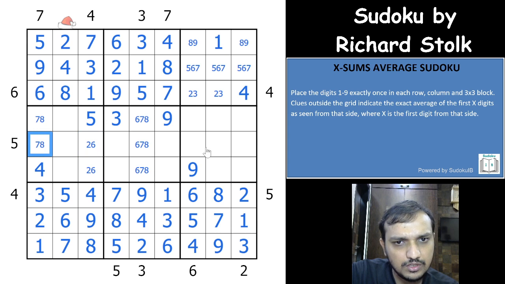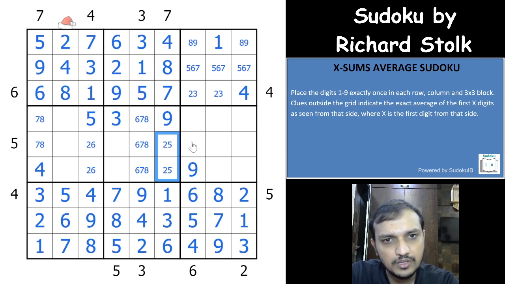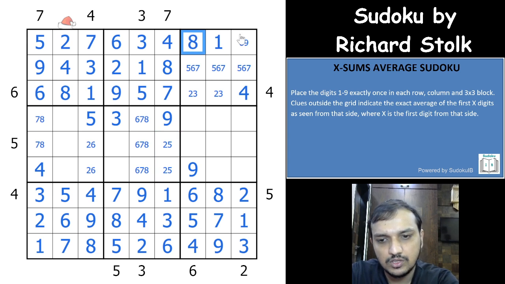If it is 7, if it is 35, if it is 8, it is 40. This is 25. This is 8 and 9.